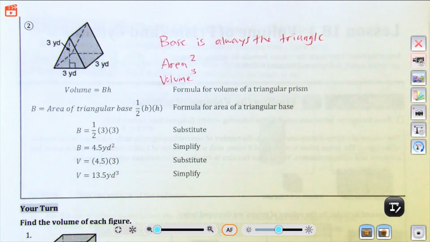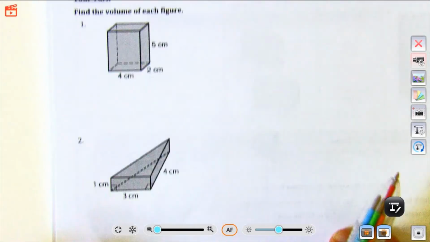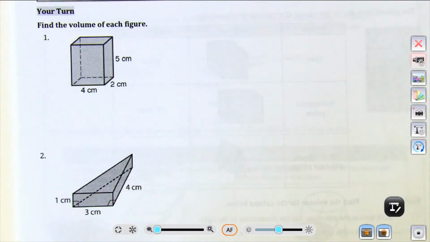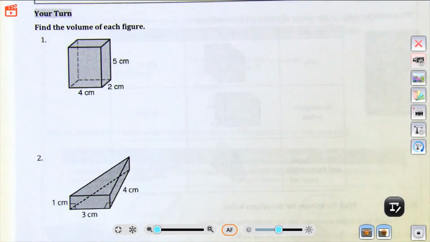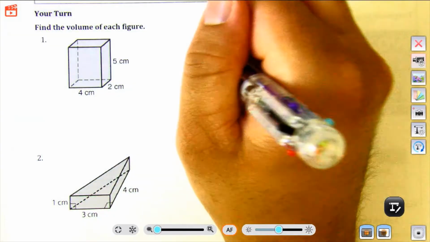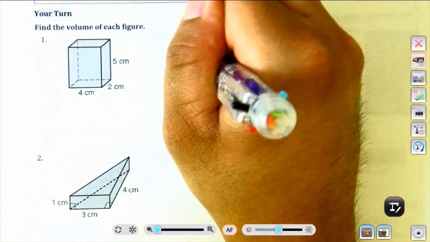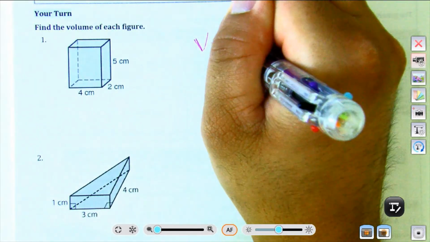Okay, so now let's work on two problems. The first one is a rectangular prism. And the formula that we're going to be using is the volume. So V is equal to length times width times height.